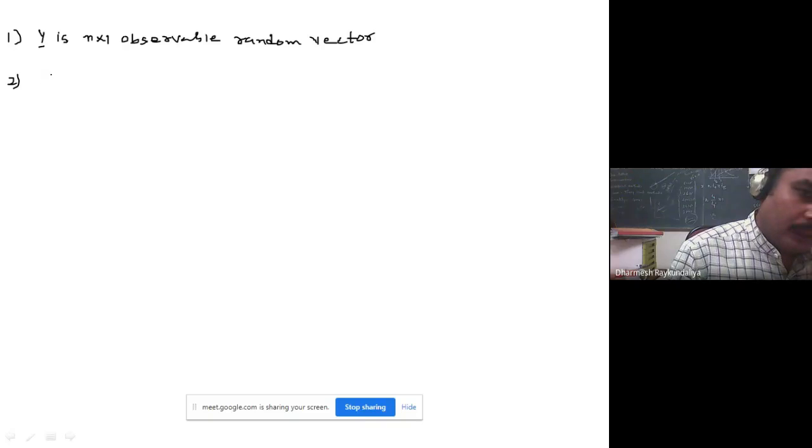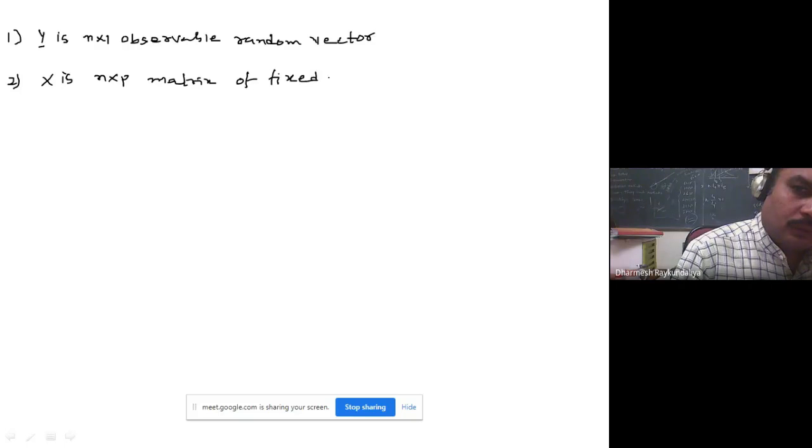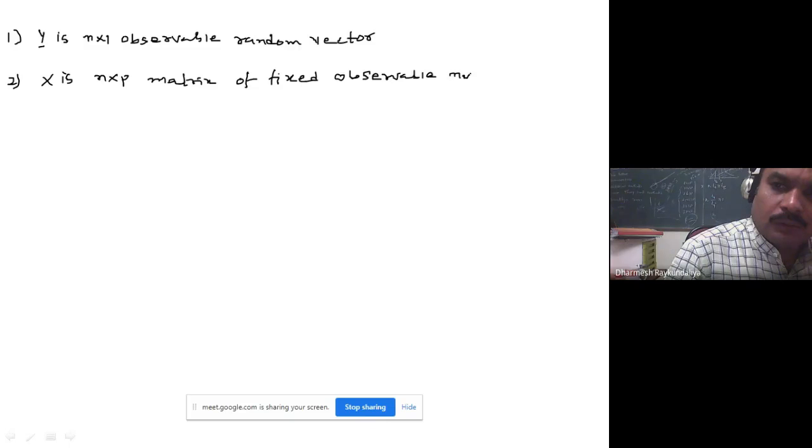Similarly, X is an n cross p matrix of fixed observable numbers. That means they are observable, but they are not random, so they are fixed observable numbers.